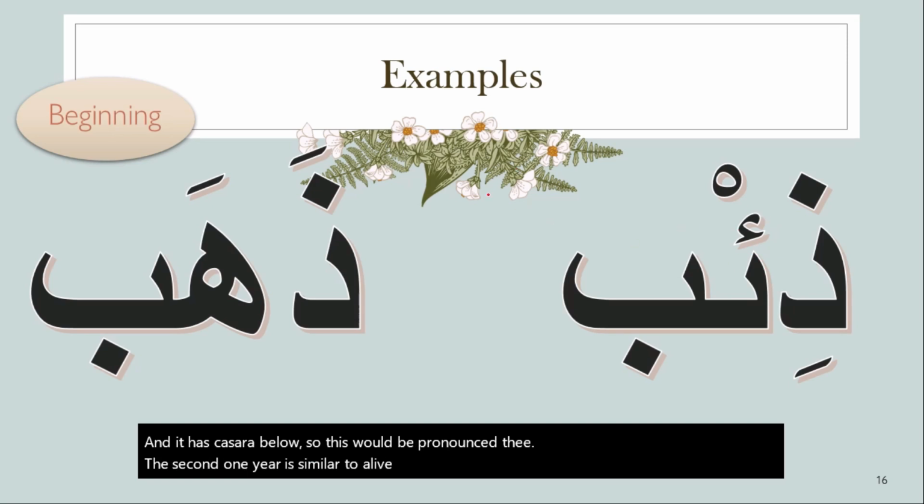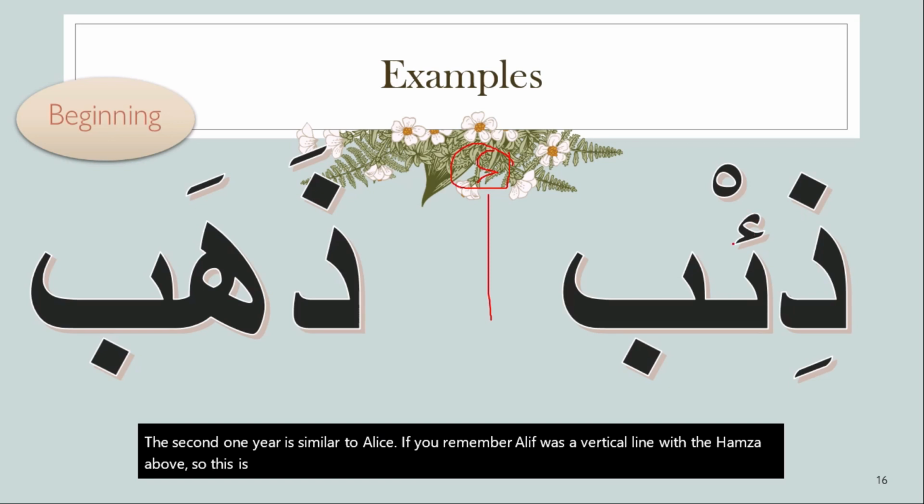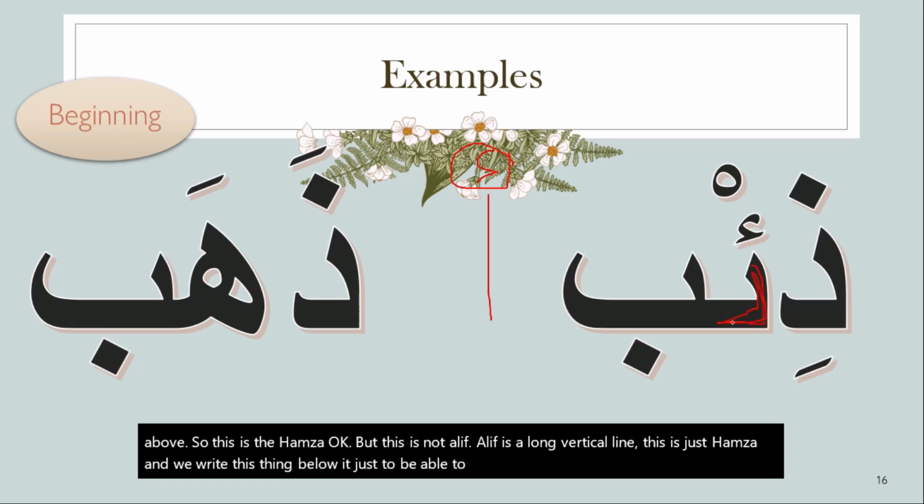If you remember, alif was a vertical line with the hamza above, so this is the hamza, but this is not alif. Alif is a long vertical line. This is just hamza, and we write this thing below it just to be able to connect it to the letter before and after.